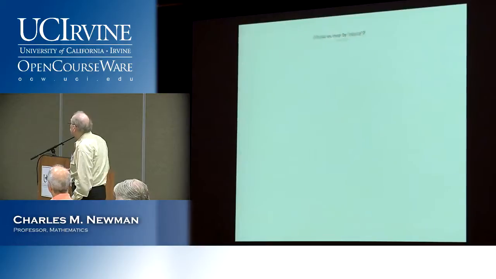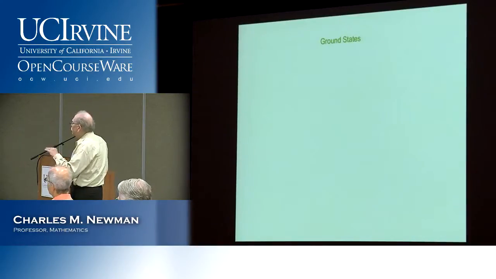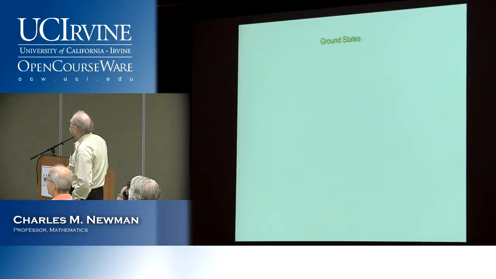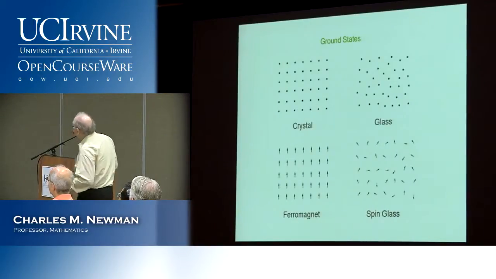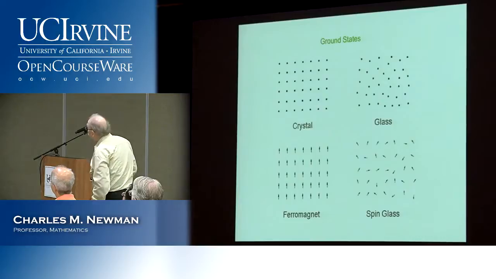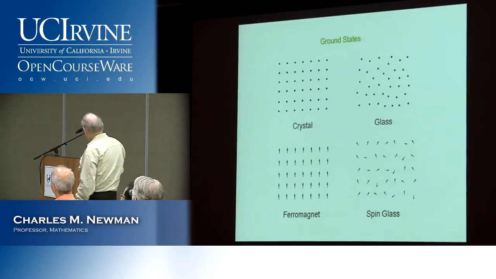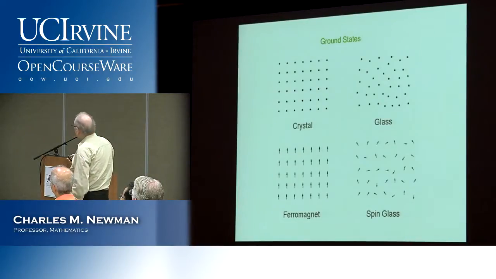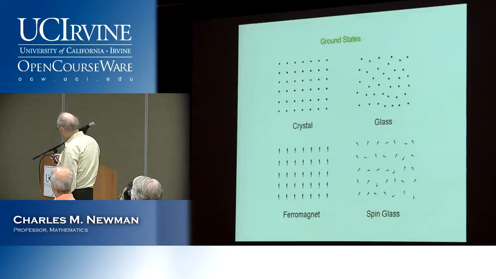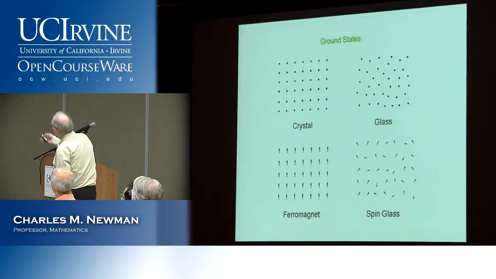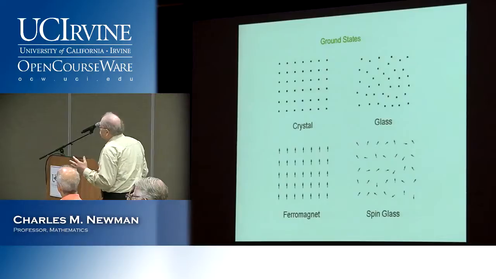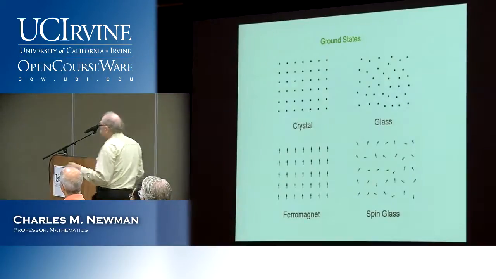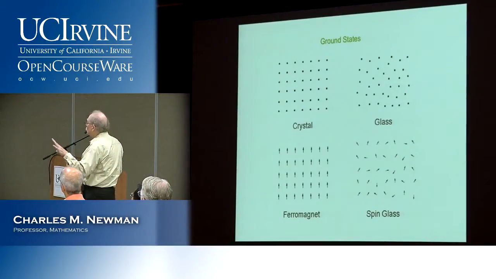So I mentioned disordered systems. What does that mean? Let's talk about very low energy configurations of systems. So let's consider, for example, on the upper left, the crystalline structure. The atoms or molecules in a crystal are arranged in a very regular array.